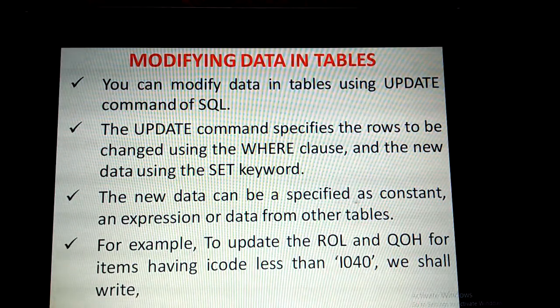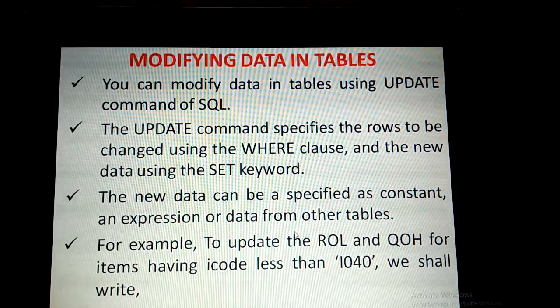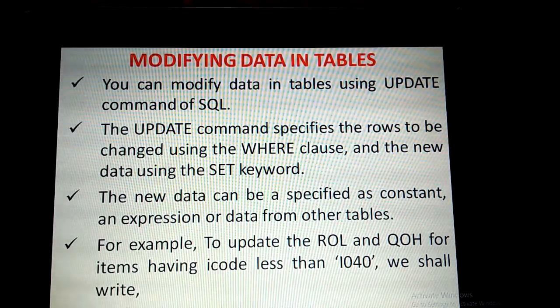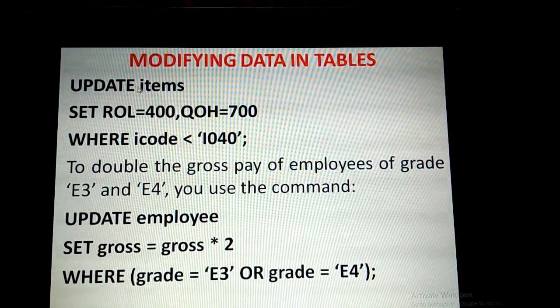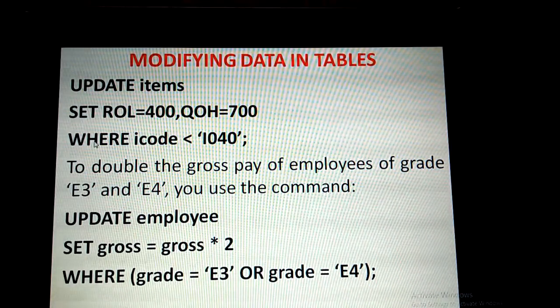The new data can be specified as a constant. Whatever value we are assigning in the set keyword can be mentioned as a constant, or it can be an expression or data from other tables. For example, to update the ROL or QOH for items having I code less than I040, we shall write the following code, that is update items. The item table we are going to update by using which condition?